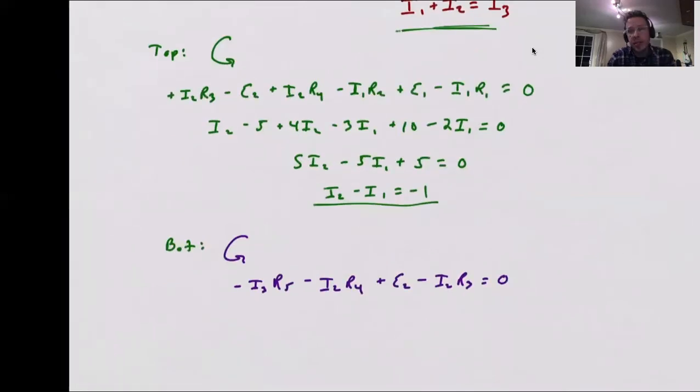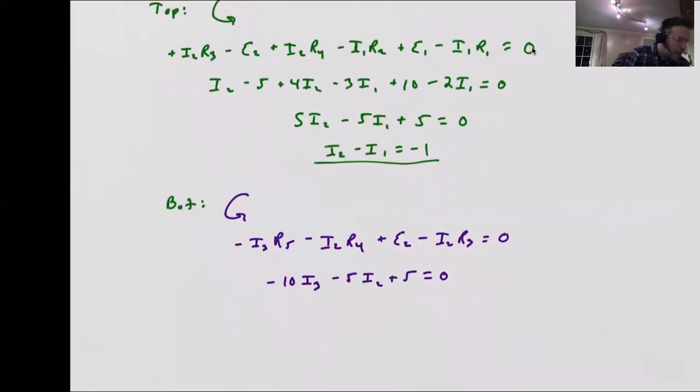So again, getting this as simple as possible, plugging in the resistances, what I see is that this is minus 10 I3 minus 5 I2 plus 5 is equal to 0. Again, just moving the 5 over and dividing both sides by that. And let me just make sure that I have my signs correct here. Minus, minus, plus.